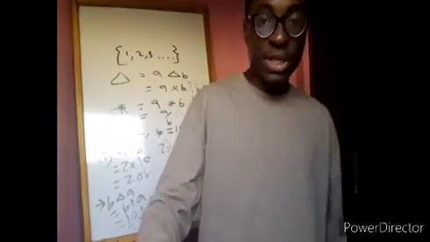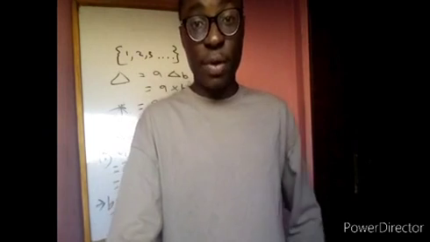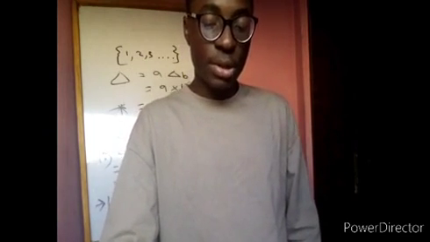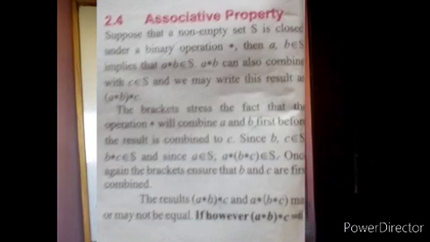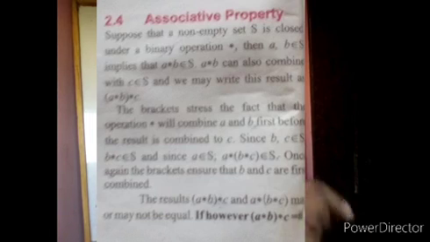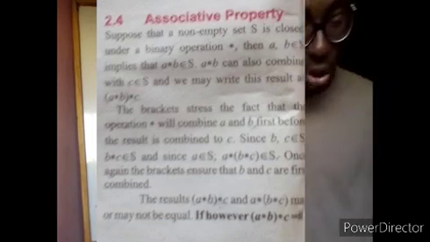So let's move on to something else, which is associative property. When we talk about associative property, it has to do with the fact that you can associate an operation with another operation, and you will still get the same answer depending on what you expect to get.